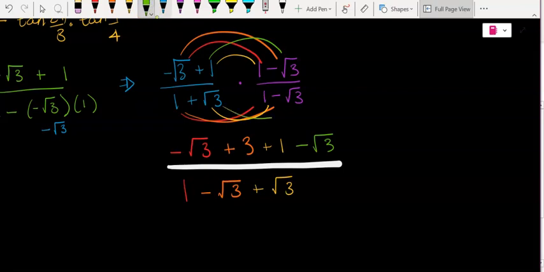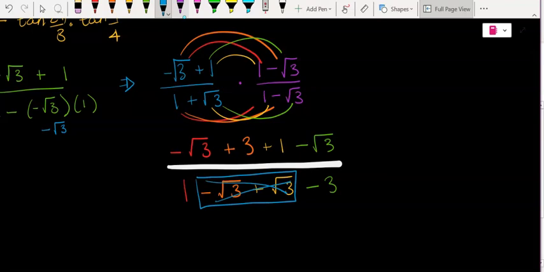And then square root 3 times negative square root 3 gets me negative 3. So you can see right here exactly what I was talking about. This negative square root 3 plus square root 3 cancels out. And the reason we've done that is because we changed this into, like I said, a difference of 2 squares. So those are now gone.